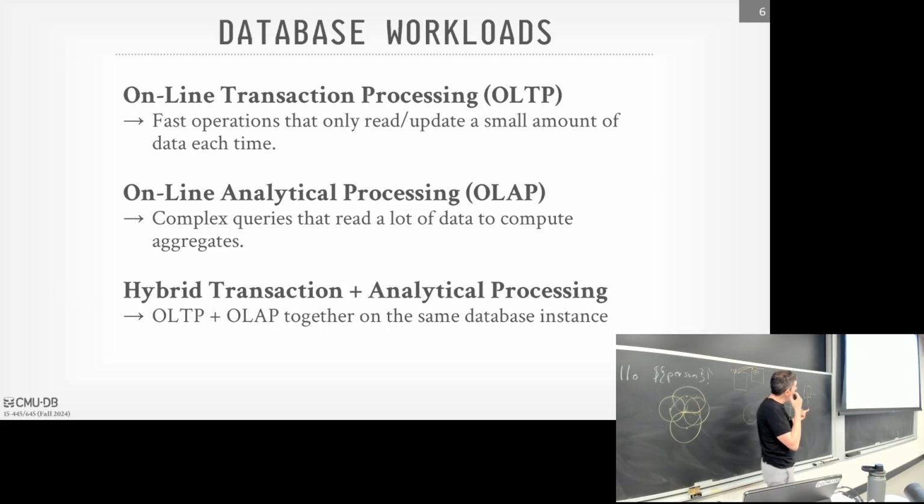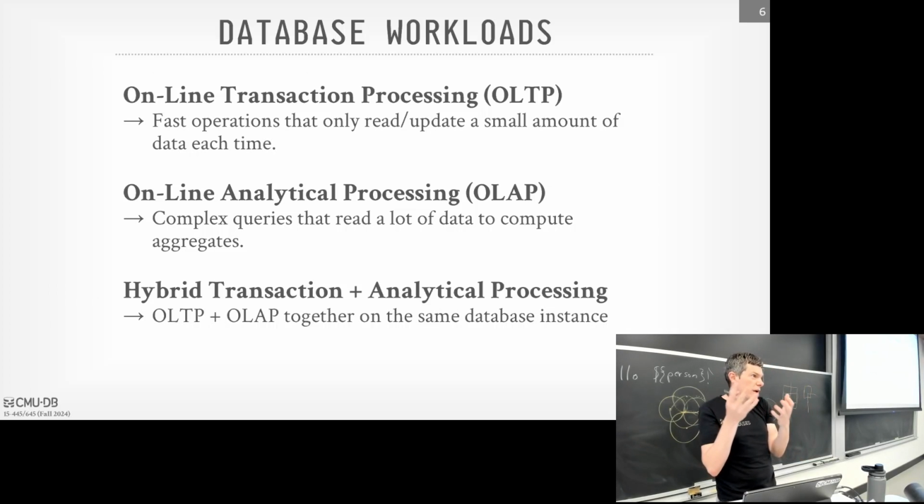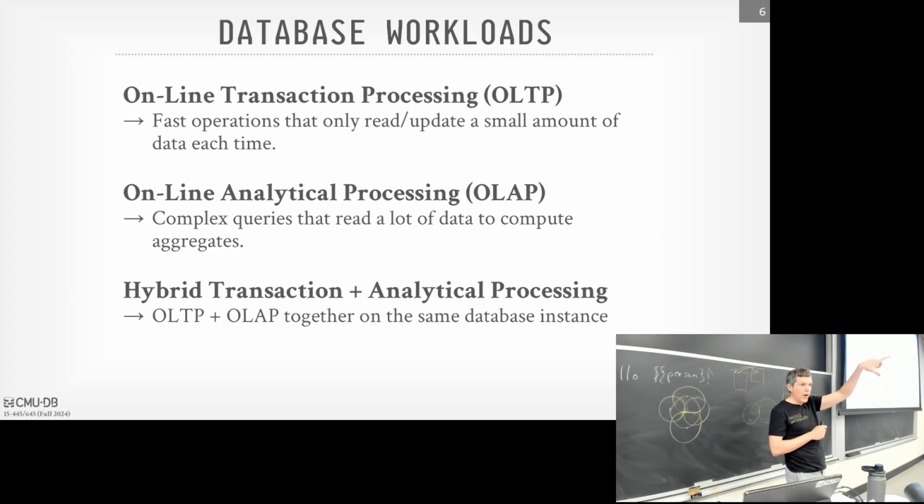So these are going to be typically more write-heavy than the other ones we'll see in a second. But the thing to note is that the queries we're going to run in an OLTP workload are not going to touch a lot of data at a time. If you think about when you go on Reddit or Hacker News or you buy something on Amazon, you fill out some forms, you click some buttons, and it records those changes. The amount of data it's actually storing when you do those operations is pretty small, right? When I buy something on Amazon, I put things in my cart.